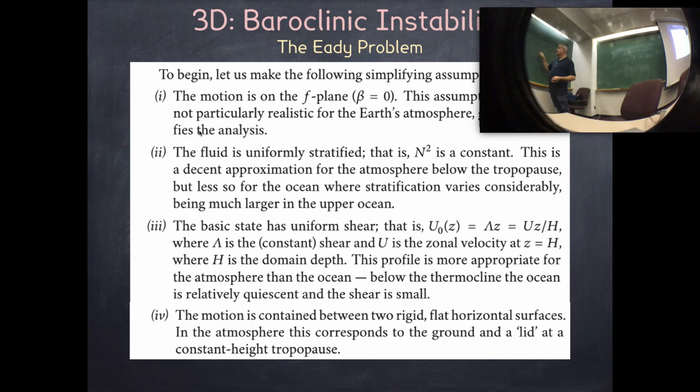Suppose you have warm stuff next to cold stuff, and then you mix really hard at night or in a big windstorm, you reset, and now you have a buoyancy gradient which has M squared but not N squared. So all of those cases are covered by this simple case.